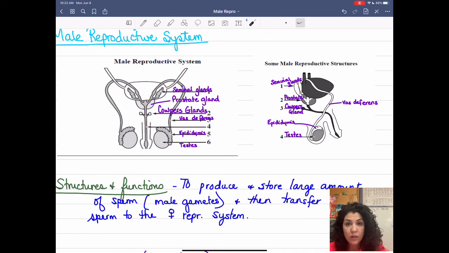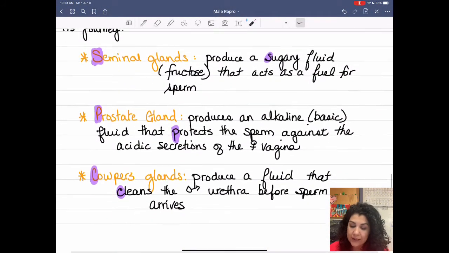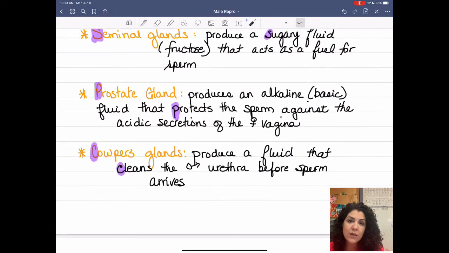And when you think about urine, urine is going to have all sorts of chemicals that could be harmful for sperm as it's coming out. And so what Cowper's gland does is it secretes this fluid that is going to clean the urethra. It's going to eliminate all of those chemicals, all of those things that could be harmful to sperm before the sperm arrives, okay?